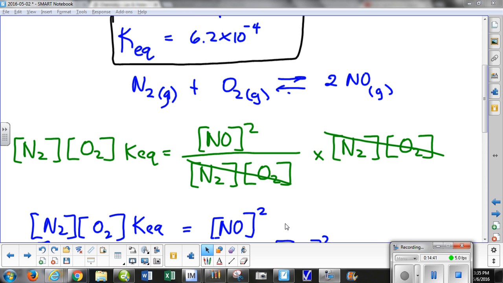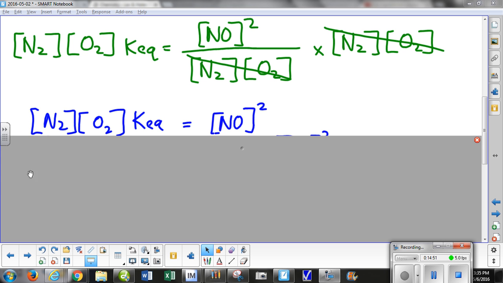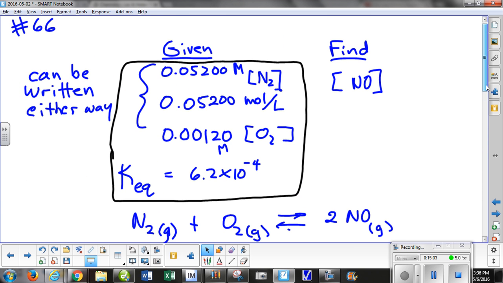And as we go down just a little bit further, you're now going to see this down here. And now that we have this expression, we can plug in the numbers. And these are the numbers that we get originally from the book.